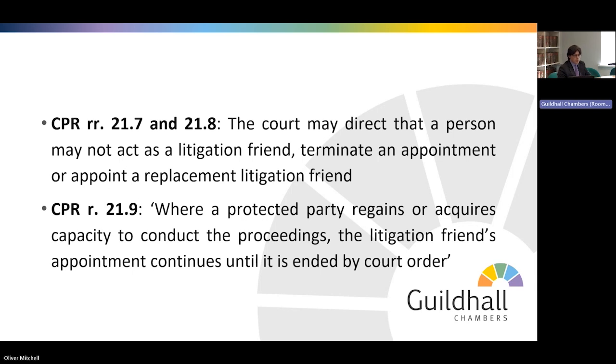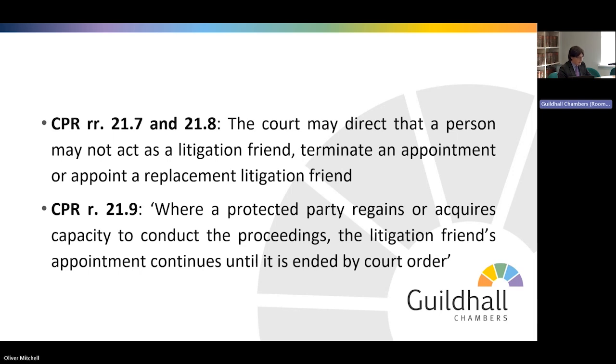A couple of rules which I'll deal with more quickly. Rule 21.7, allied with Rule 21.8: the court may direct that a person may not act as a litigation friend, or terminate an appointment, or appoint a replacement litigation friend. And there are rules in 21.7 and 21.8 about making such applications and about service of such applications. This applies whether the original litigation friend, whose appointment is being terminated or for whom a replacement is being appointed, was appointed by the court or without a court order.